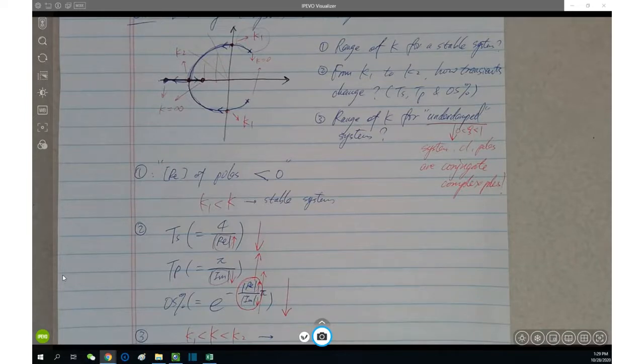Correct. And if the system had no feedback, we would also assume that this root locus is exactly the same. The open loop and the closed loop would be exactly the same at that point, right?